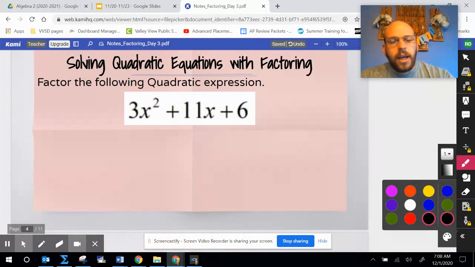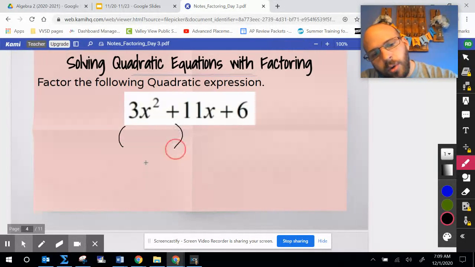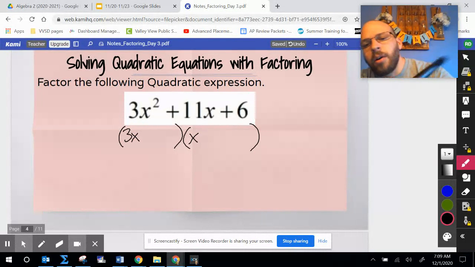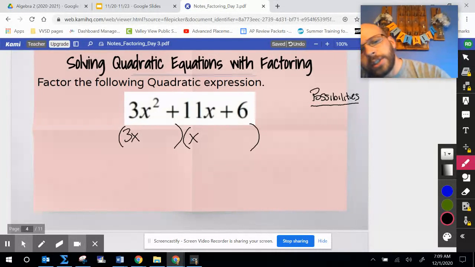So again, I have a new problem here, the 3x squared plus 11x plus 6. So I'm going to break this apart, and I'm always going to start with my guarantees. So 3x squared can be broken down into 3x and x. So now I need to list out all the possibilities for 6.